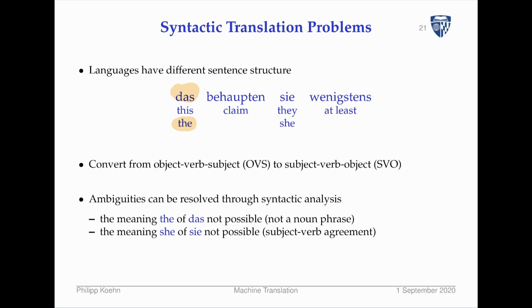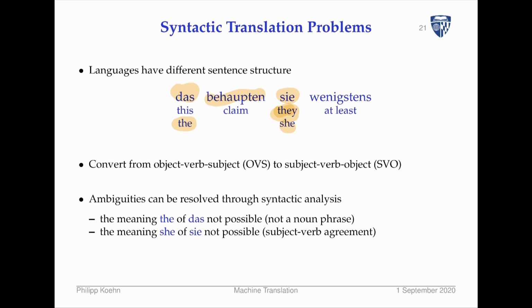And then there's this question if sie here means they or she, and it's not going to be apparent for someone who doesn't understand German, but if you look at the word behaupten, you know that this is in plural, so the right meaning of the word sie is the meaning of the word they and not she.